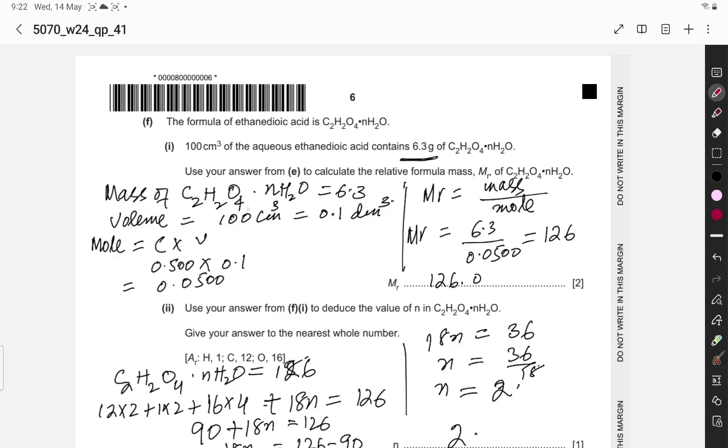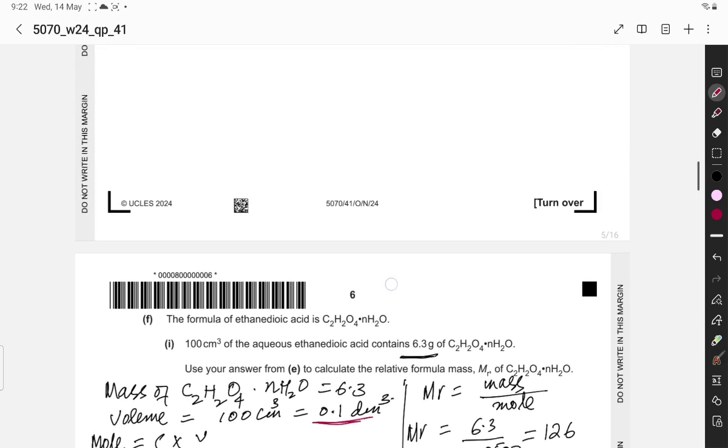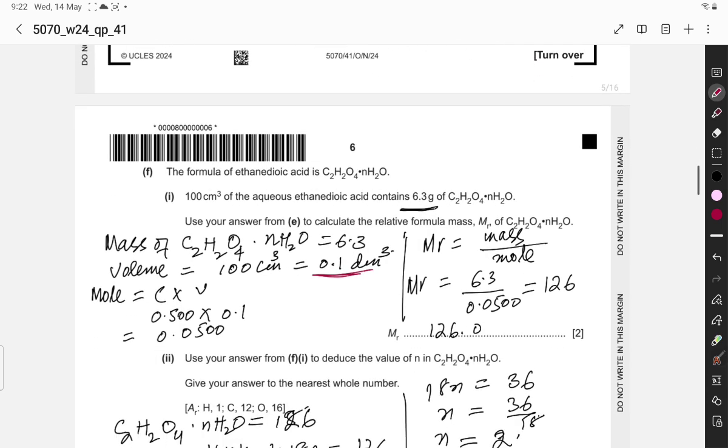The mass is 6.3 g. The volume is 100 cm³, which is equal to 0.1 dm³. So moles is equal to concentration times volume. The concentration we calculated above is 0.500, times 0.1, so the moles is 0.0500.